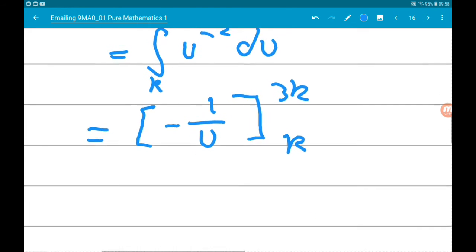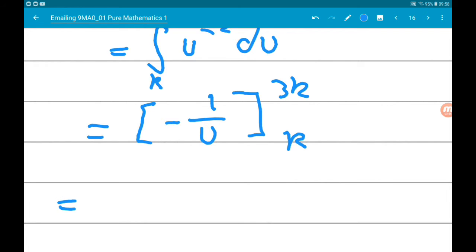So we get minus 1 over 3k, add 1 over k.